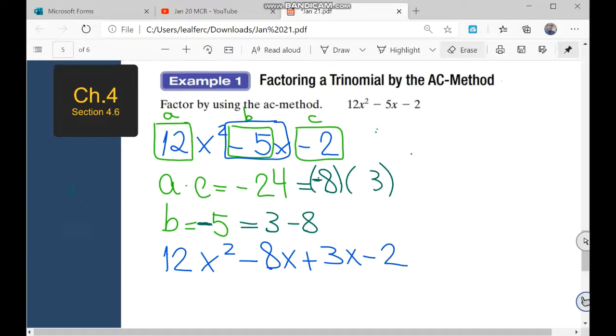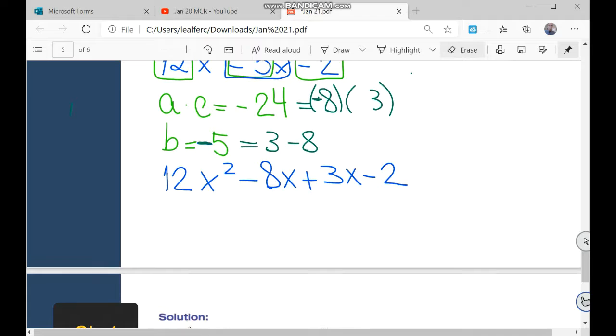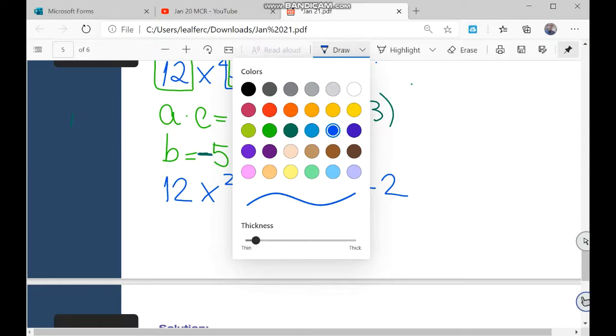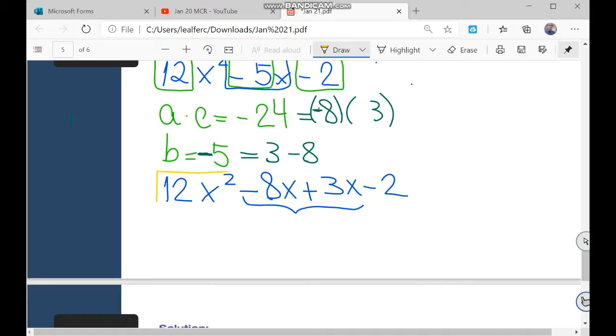And this is going to be equal to negative 5x, right? So we have the same polynomial as the original one. But now we can combine 2 by 2 and factor out. That's what we're going to do.